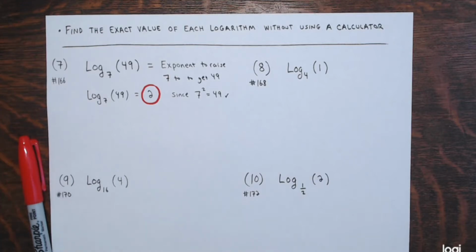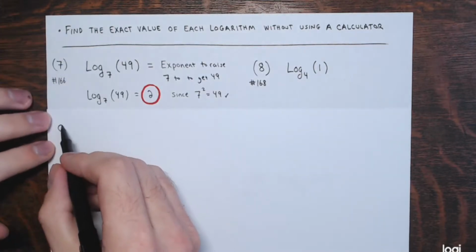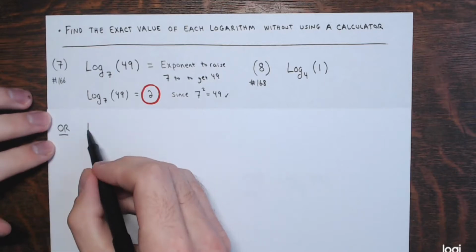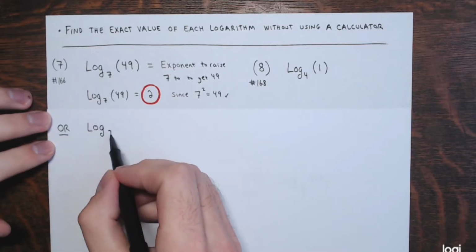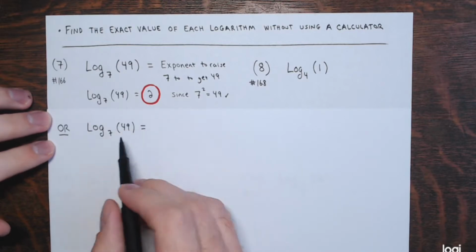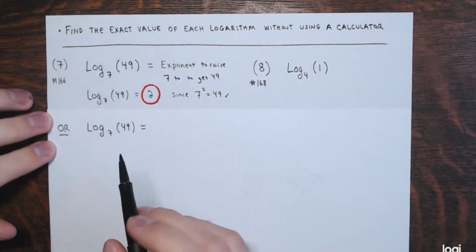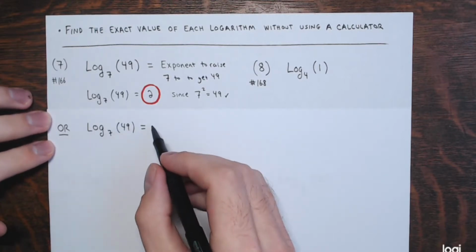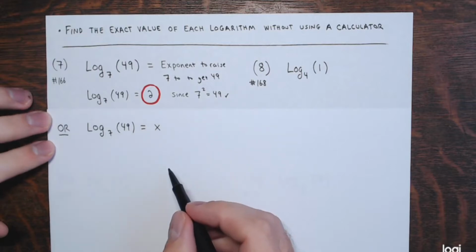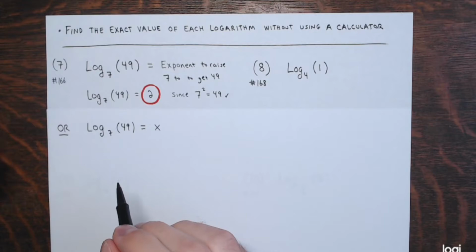Now, an alternate way you could do this is say, I'm trying to find the log base 7 of 49, and you don't know what it's equal to. So call it something. Say the log base 7 of 49 is x. And then this question becomes just like questions 6 and 5 that I did in this video.